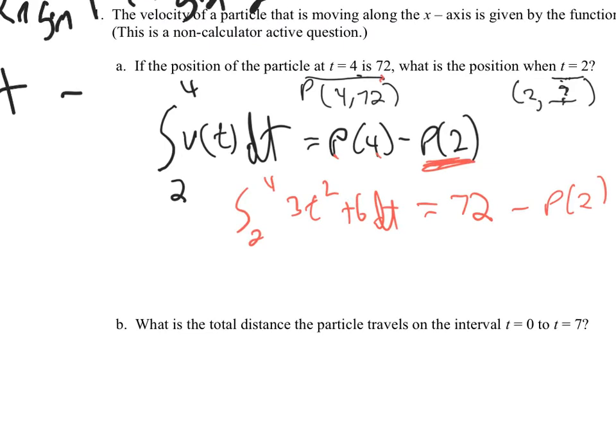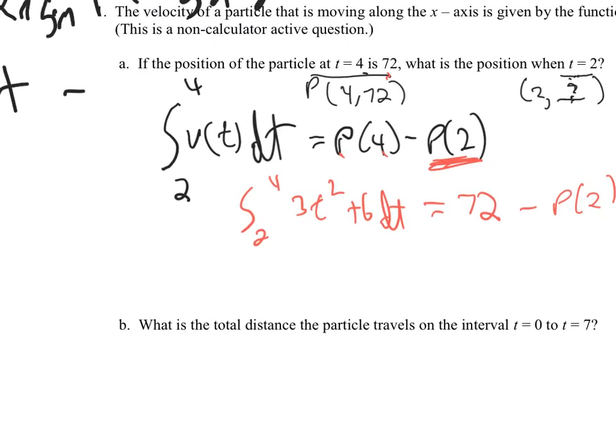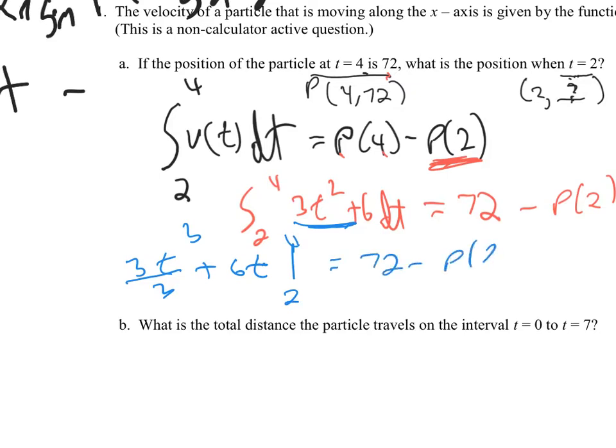So take a deep breath. Let's integrate this bad boy. That's 3t cubed over 3 plus 6t, all evaluated from 2 to 4, which will equal 72 minus P of 2.